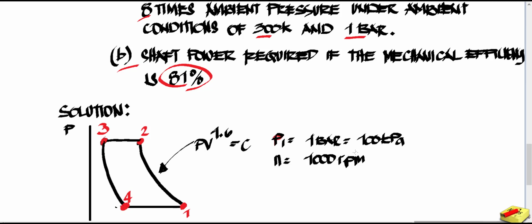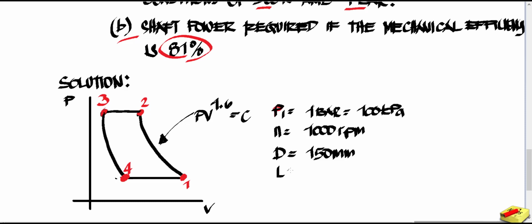So we have a given size of the cylinder, that will be the diameter, so that is 150 mm. Then for the stroke or the length of the stroke, that will be 200. Okay, so that will be your L is 200 mm.